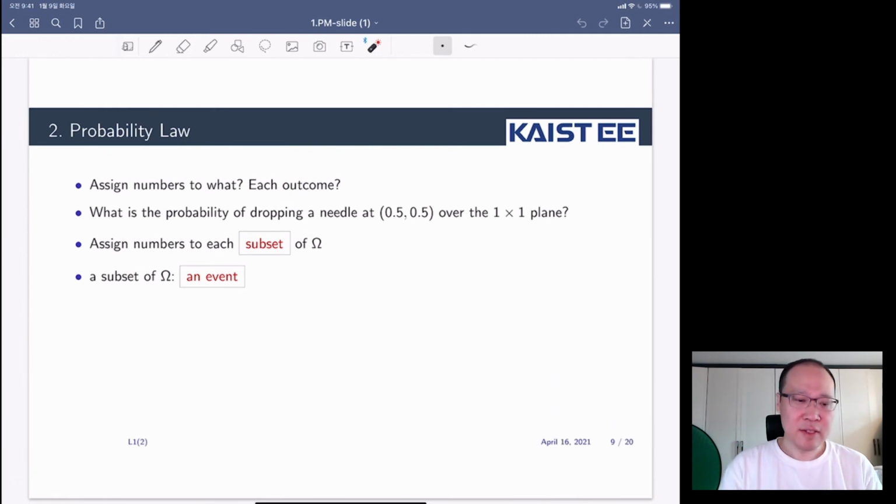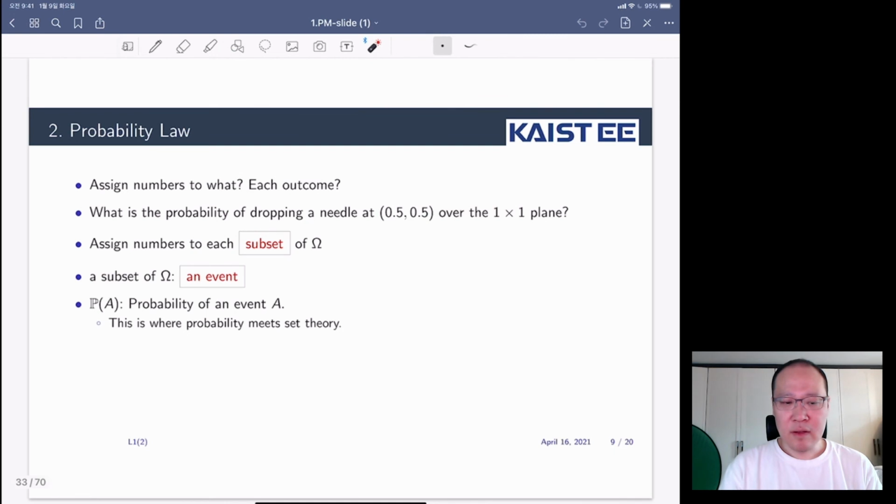So the event is a subset of a sample space, and we assign some number to each event. When we use the notation P of A, that is the probability of an event A. Since the event is a subset of the sample space, we are dealing with the event using some notion of sets, right? Because it's a subset. So that's where probability meets set theory.